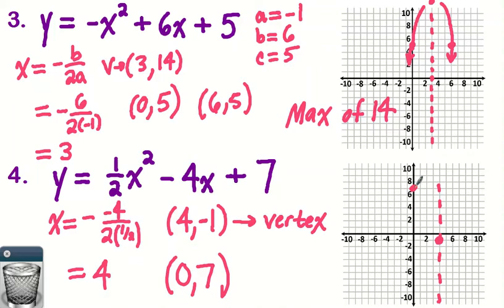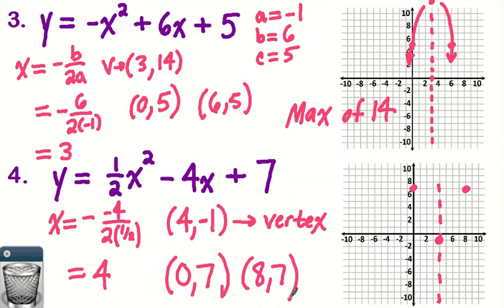That helps you sketch your graph. And then just reflect that. So it looks like 8, comma 7 would be another point on your graph.